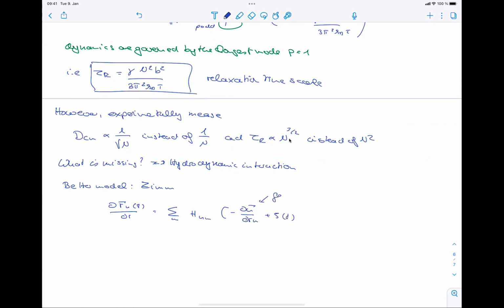So here we have a flow field, and the coupling is determined by the Oseen tensor. So just so that you've heard these vocabularies before, that you can place them.